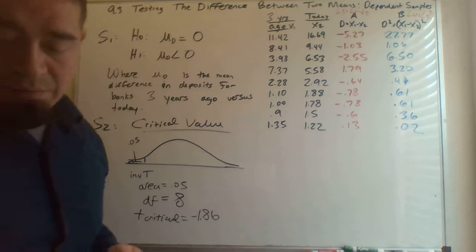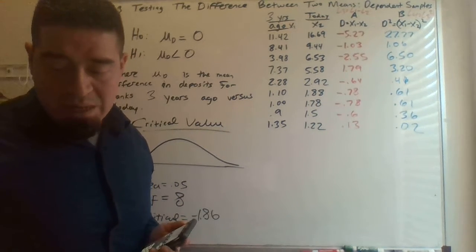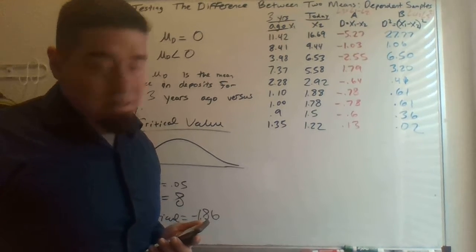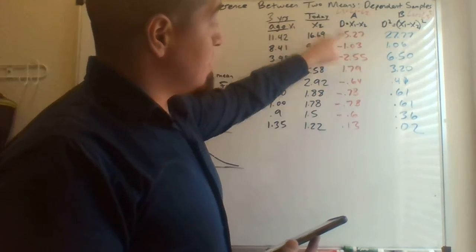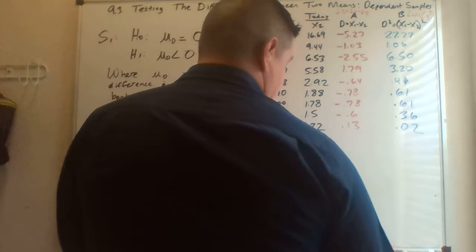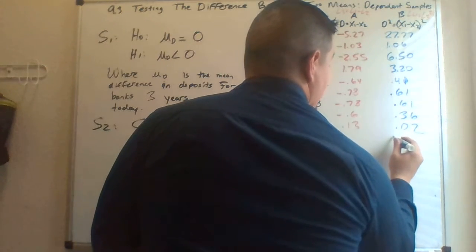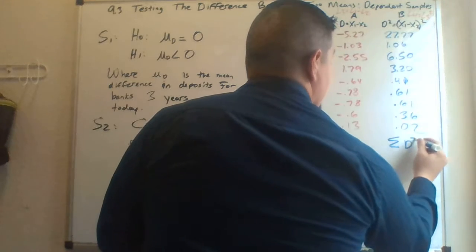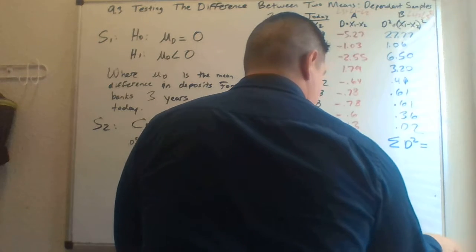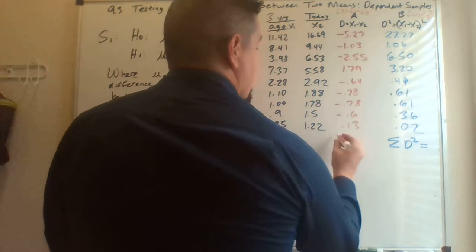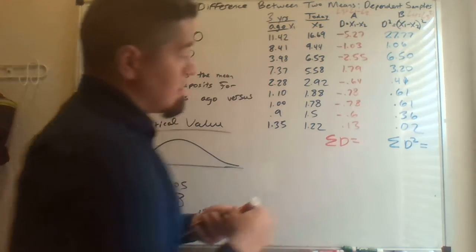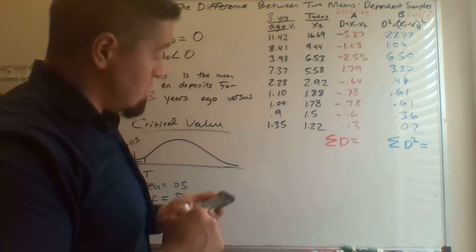Now, as part of the formulas from the first slide of 9.3, we need the sum of the list of the differences, and the sum of the list of the differences squared. We'll get these using the calculator.